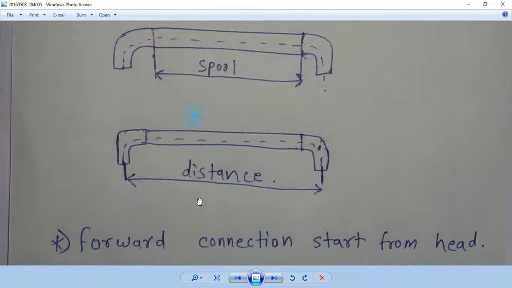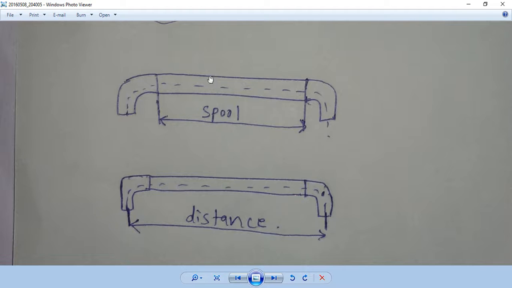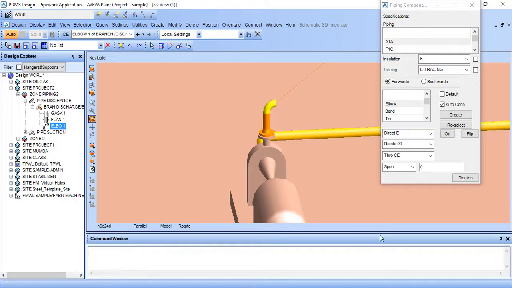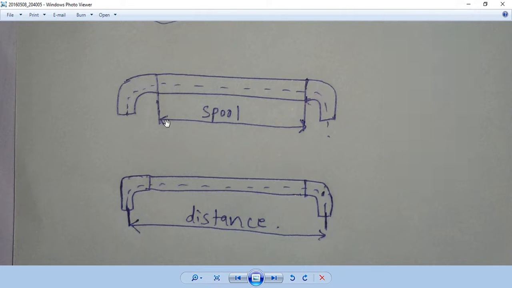The difference between spool and distance is like this: spool measures from weld to weld, and distance measures from its center distance to its center distance. So that is the difference between spool and distance. Here we can see spool and distance. So we have given spool, that means we have given weld to weld distance.